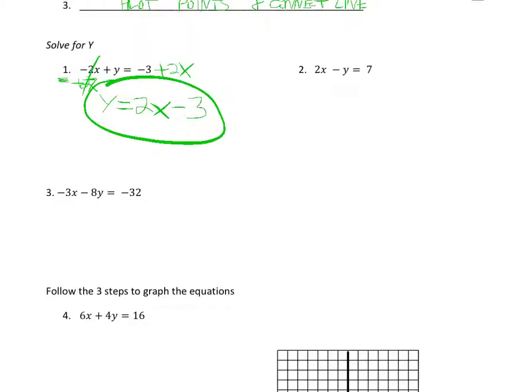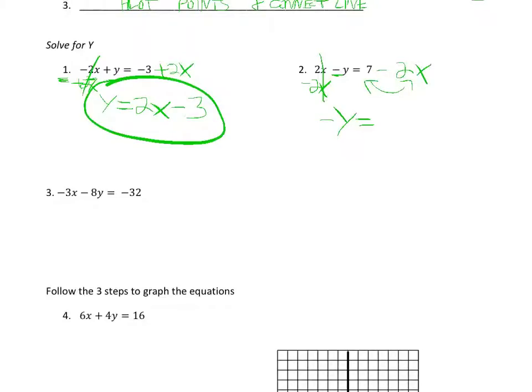Okay, for the second one, again, this is 2x. Since this is positive 2x, I want to subtract it from both sides. So it's going to be minus 2x here. So let's do that. I subtract 2x. That cancels out. Subtract 2x. Now, do not forget about this negative. Very, very important. It's negative y. Then I'm going to switch these around.